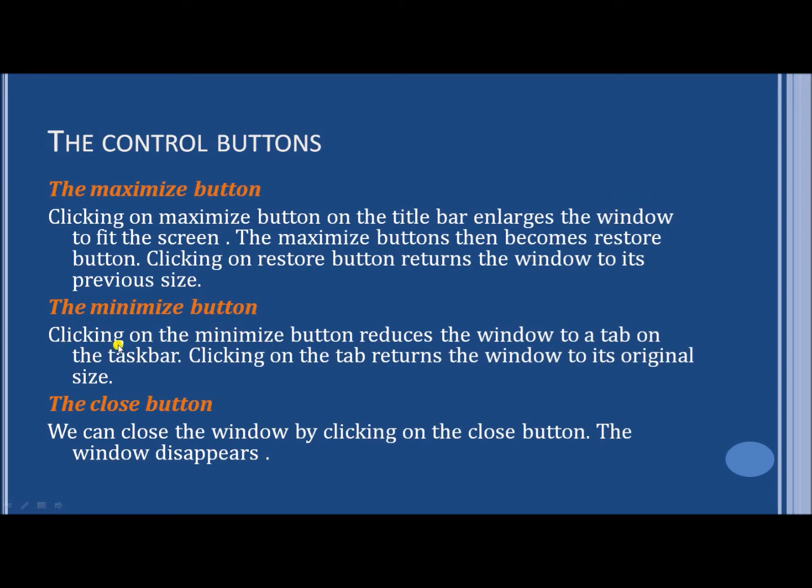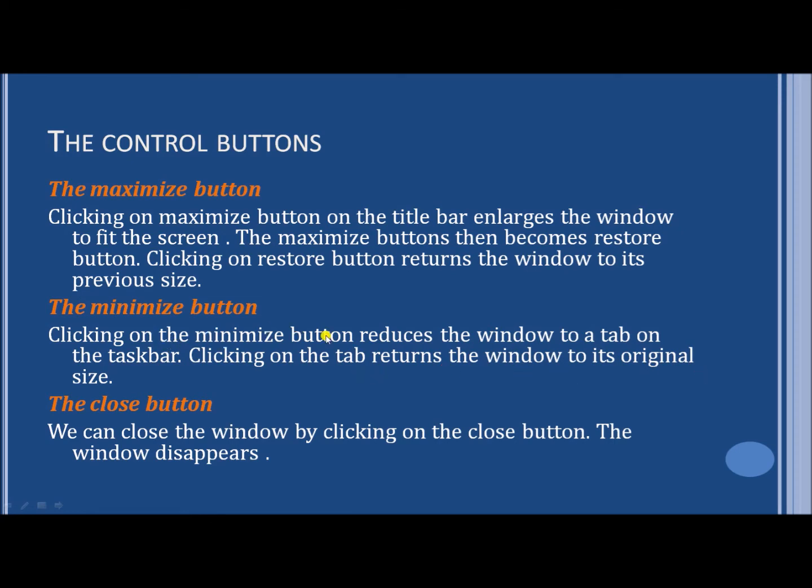Now, what you can do with the help of the minimize button: clicking on it reduces the window to a tab on the taskbar. Clicking on the tab returns the window to its original size.